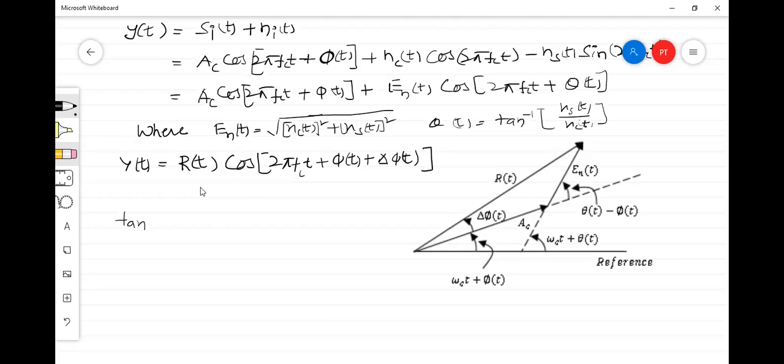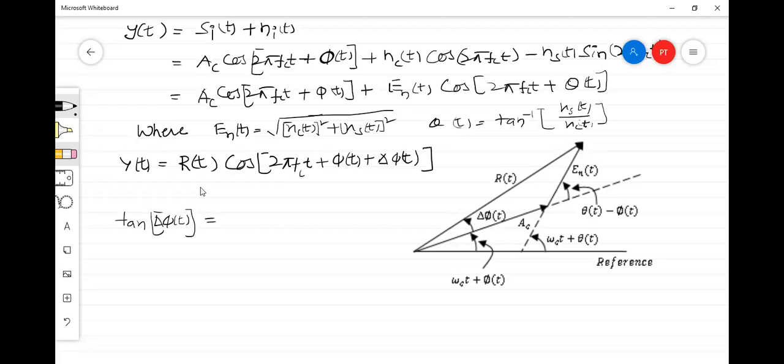So I'm taking tan Δφ(t). Tan Δφ(t) equal to how much from this diagram? Take the projection of e_n(t) onto this axis.